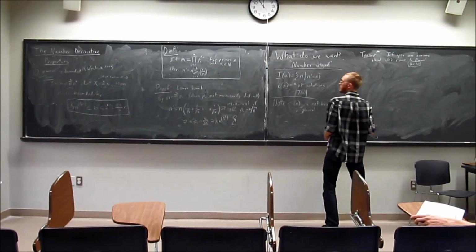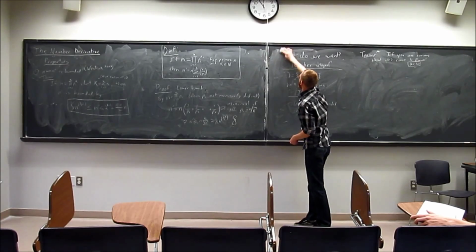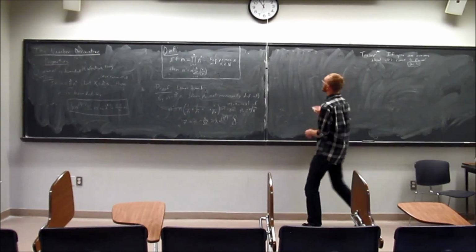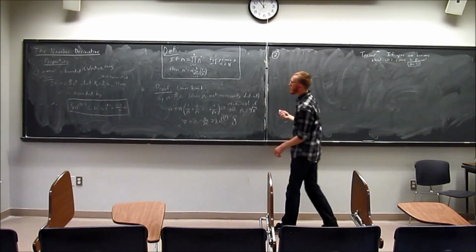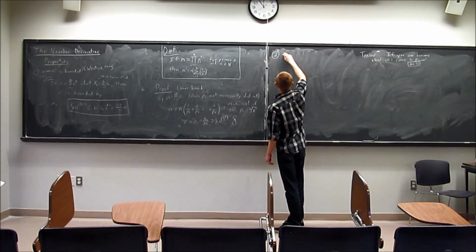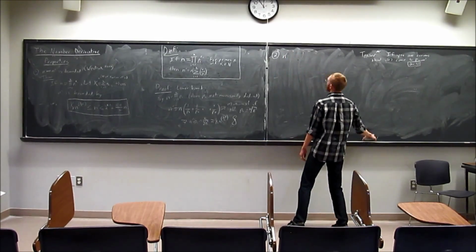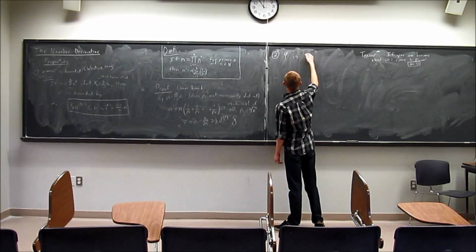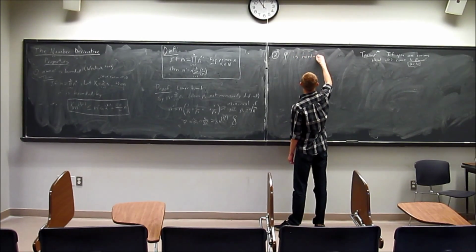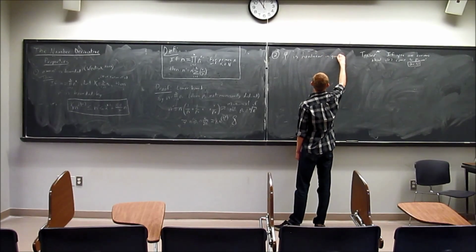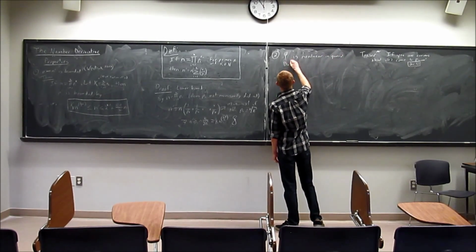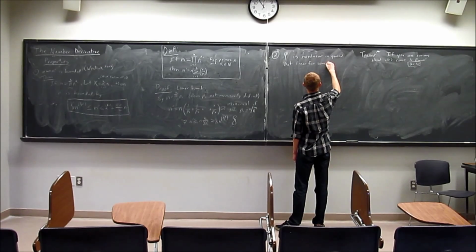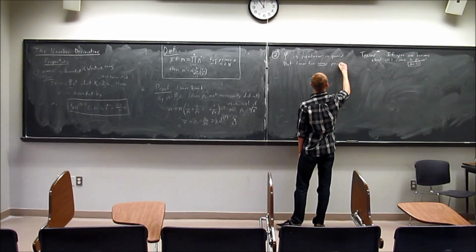Let's see, here's this one. Alright, so our second property is that, I'll use phi, phi is nonlinear in general, but linear for some pairs.